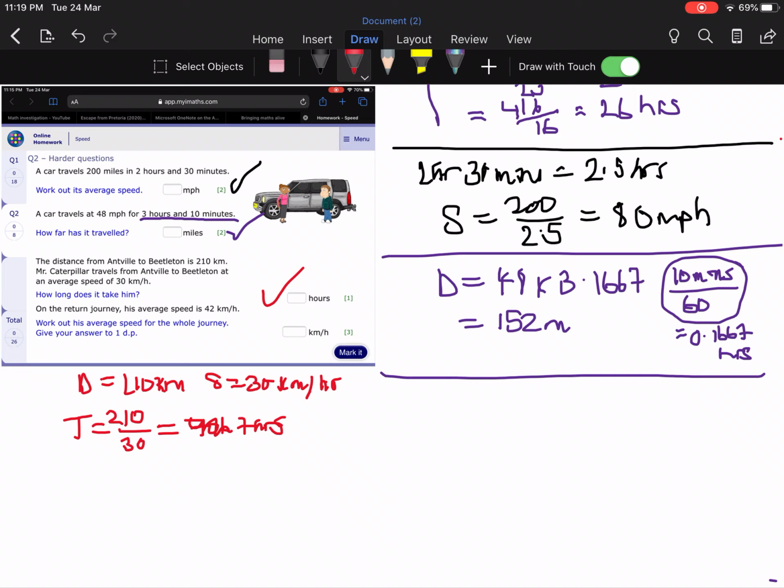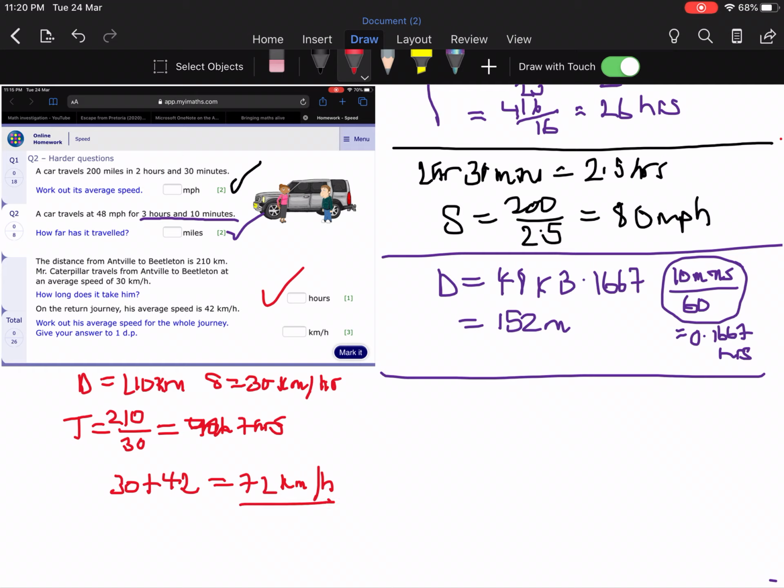So this is where it gets a little bit harder. So on the way his speed was 30. And on the way back his average speed was 42. So if I add them together I get 72 kilometers per hour.